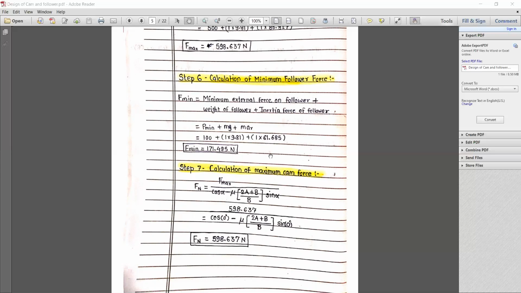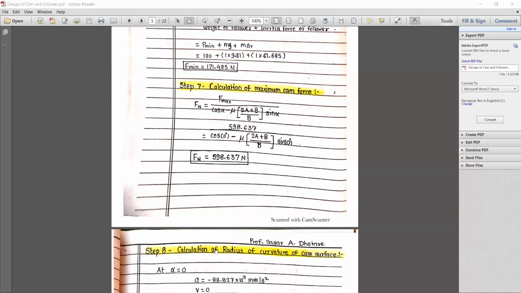As we know that alpha is equal to 0, we don't have the values of the other terms, but they are multiplied by sine 0. Sine 0 is equal to 0, so the term gets directly converted into 0. Cos 0 is equal to 1. So the maximum force on the cam is 598.637 Newton.